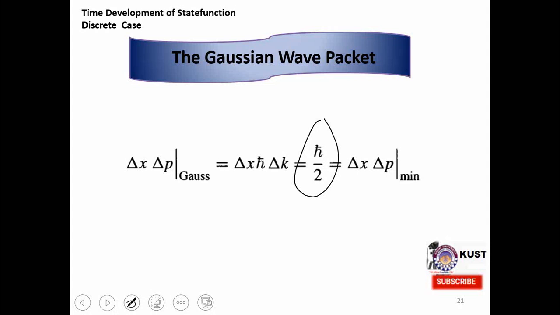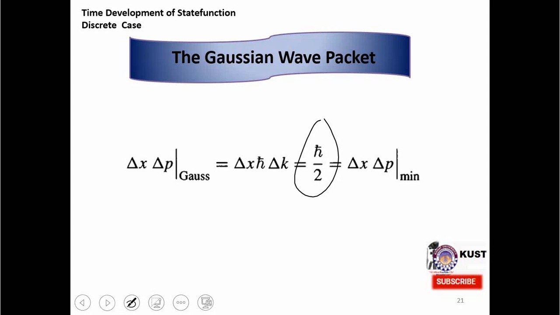We found that there are many components with different phase velocities, but the whole thing becomes a wave packet. This is a localized wave packet, and the group velocity of this wave packet corresponds to the classical velocity, so it travels like a particle.